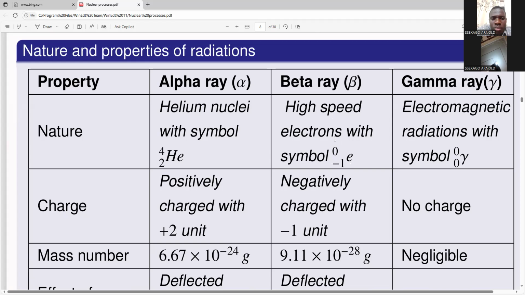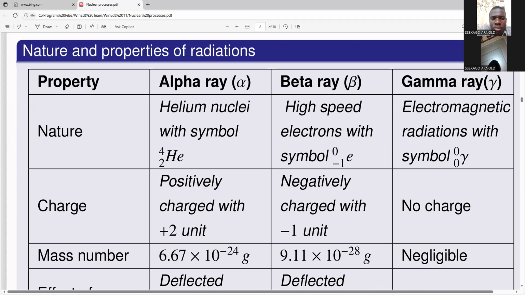If you recall, for metals in group 1, sodium, lithium, and also those in group 2, during their reaction with other substances, they lose electrons. In summary, they undergo some decay process by losing electrons to form positively charged ions. So beta particles are electrons.